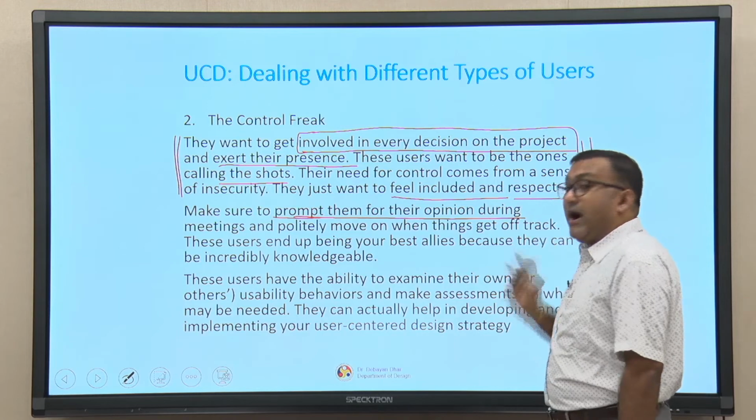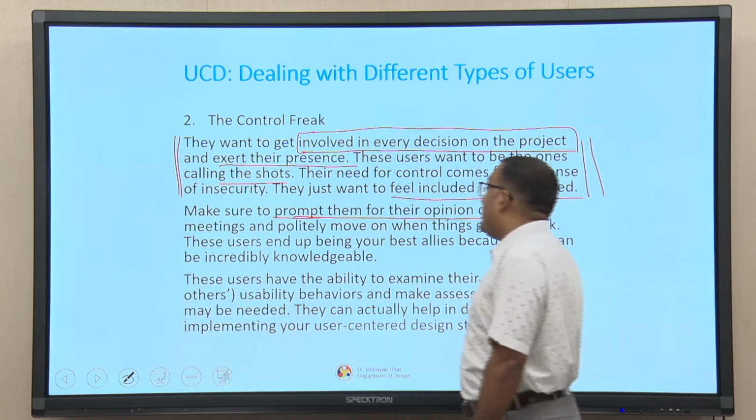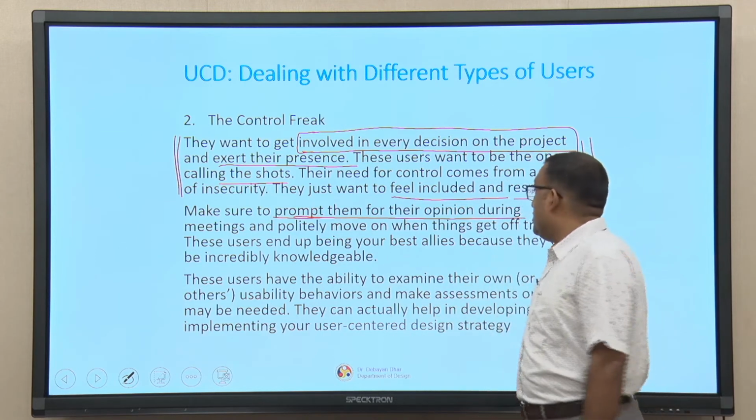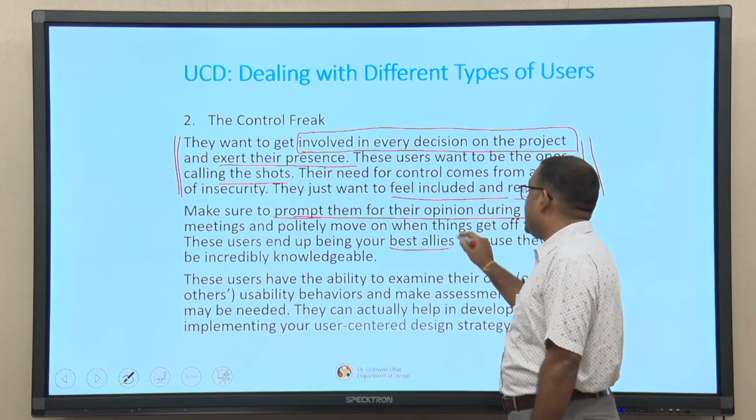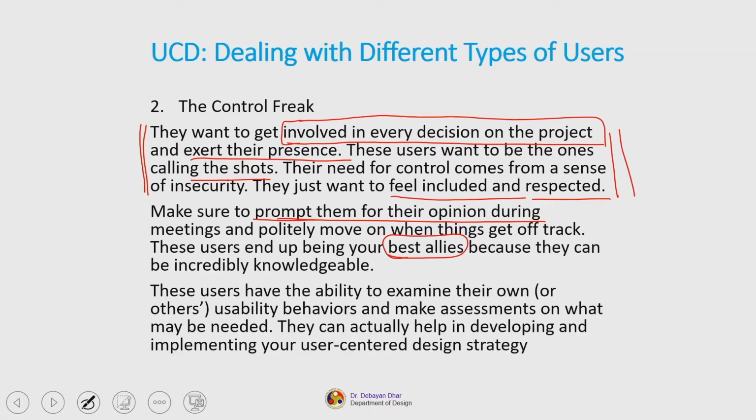Why are we discussing this in detail? Because these are the users who are going to be your best allies, because they are incredibly knowledgeable. They will give you insights which very few other types of user personalities can provide.